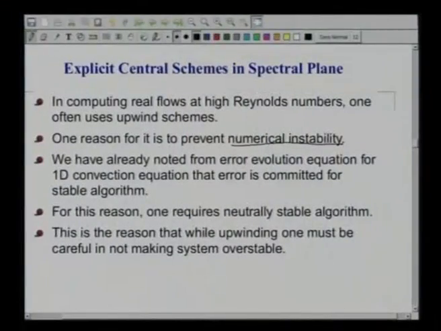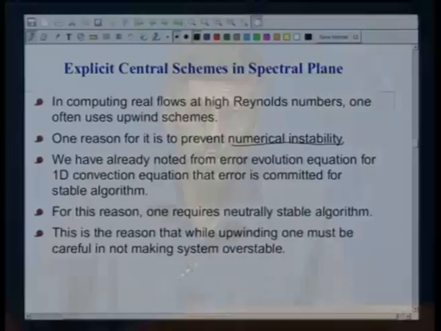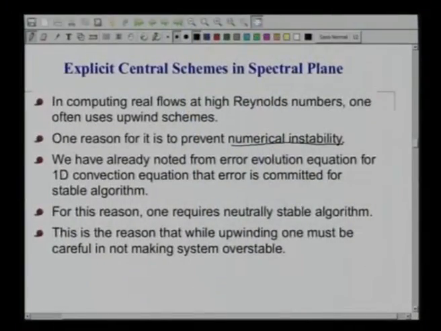And we have to be careful, because we have already seen in the derivation of the error evolution equation that if we want to make the method stable, we can also introduce error. So, we have to be careful that even a stable algorithm creates error.